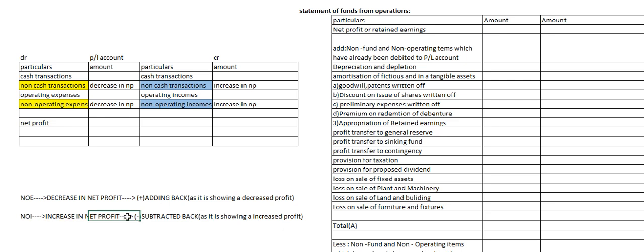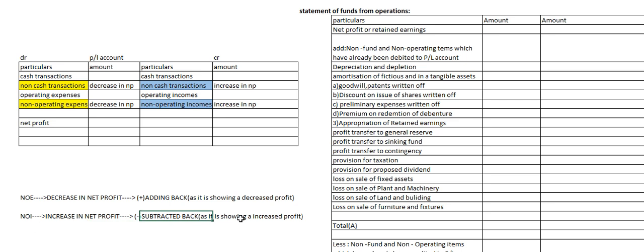Hence, we will subtract it in our adjusted profit and loss account. So I again repeat, the non-operating and the non-fund items that have been debited to your profit and loss account will be added back to show the correct profit, because it has been shown as decreased profit, and the non-operating incomes and the non-cash transactions will be minused in order to show the correct profit, wherein it was shown as the increased profit earlier.